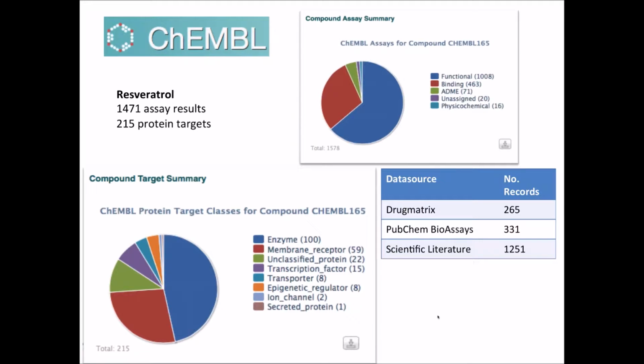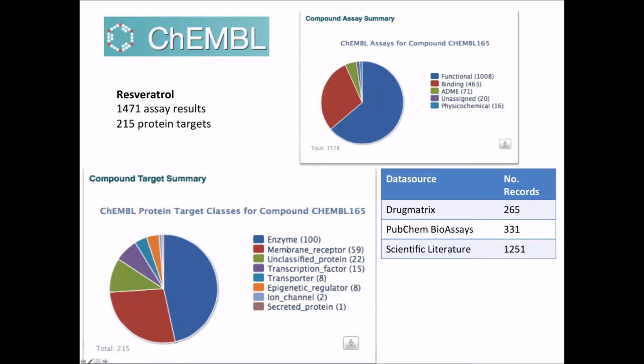If I look up resveratrol on ChEMBL, I get 1,400 assay results concerning tests in 215 protein targets, and these are nicely broken down in these pie charts here. So you can see what types of results they were. We have functional results, binding results, a fair proportion of ADME results, and some physicochemical properties here.